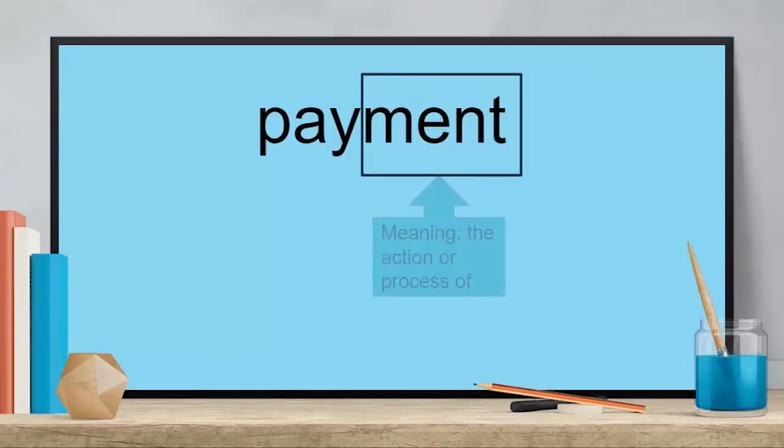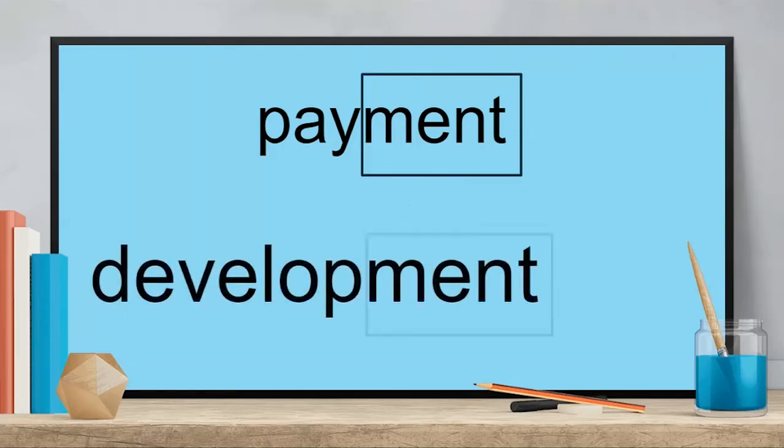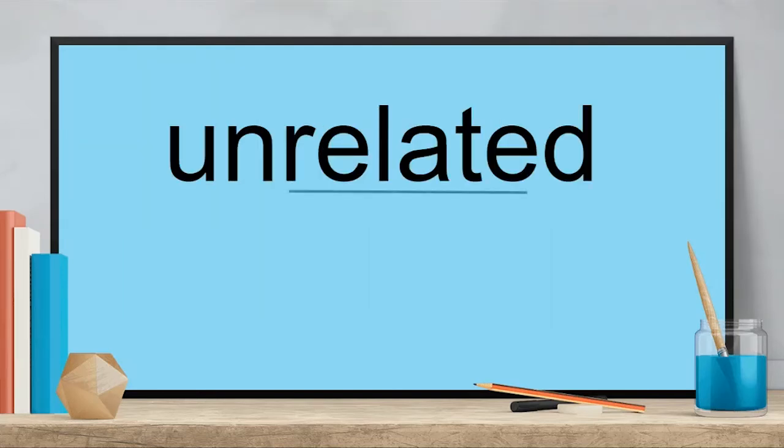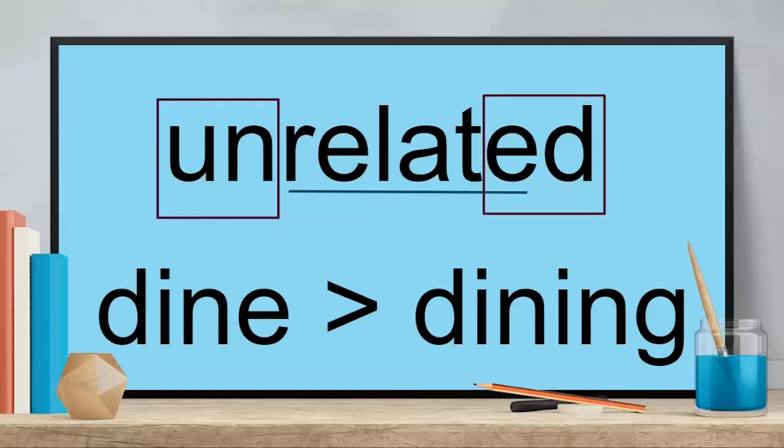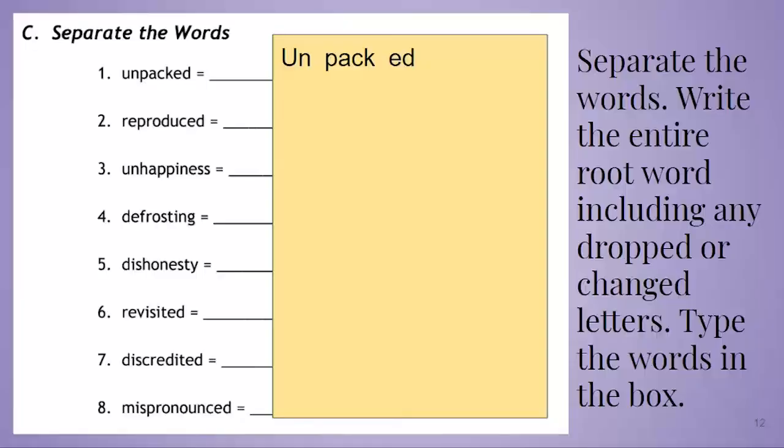All right, so then we'll talk about this other suffix, ment, which means the action or process of. So payment is the process of paying, or development is the process of developing something. We'll talk again about identifying the root words within a word that has prefixes or suffixes, and also whether or not we might have to put a letter back that we might have been missing.